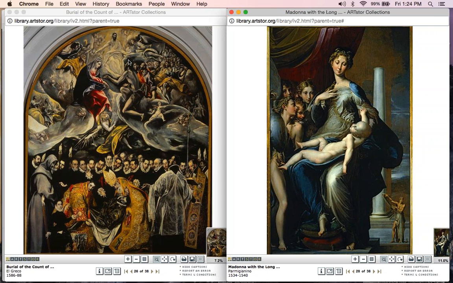And what's interesting to note is that the figures in the heavenly realm are more elongated than the figures in the earthly realm. And this is the artist's way of creating a purposeful separation between the two realms, making these figures above even more removed from that earthly realm by making them appear different and elongated, sort of stretching out those bodies. And you can certainly see that here, the long arm of Christ that's there as well.